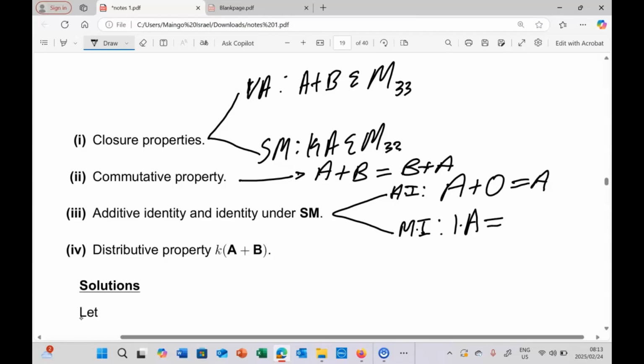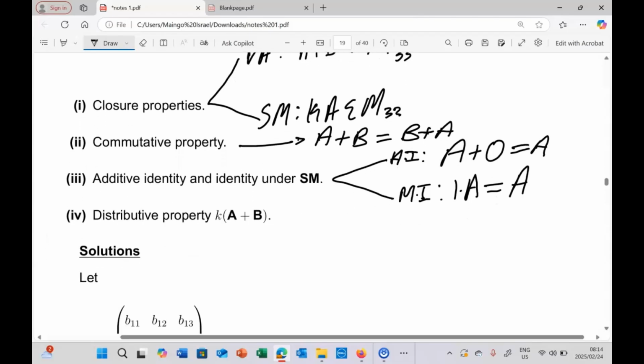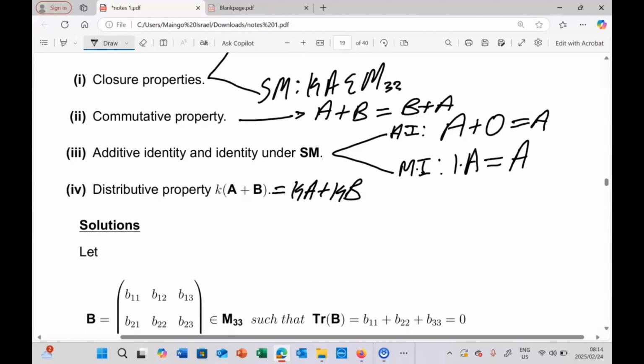So 1 times A is also just matrix A. Now we also have to prove the distributive property. What we're proving here is that K times the sum of A and B is K times matrix A plus K times matrix B. That's what we are talking about. So now let's go on.